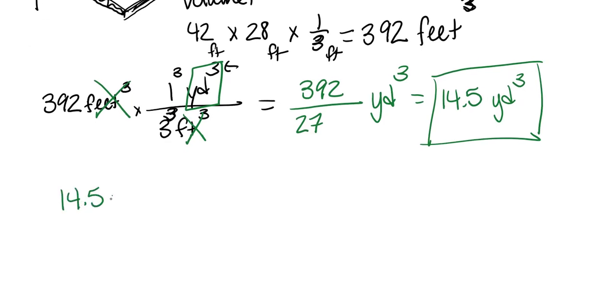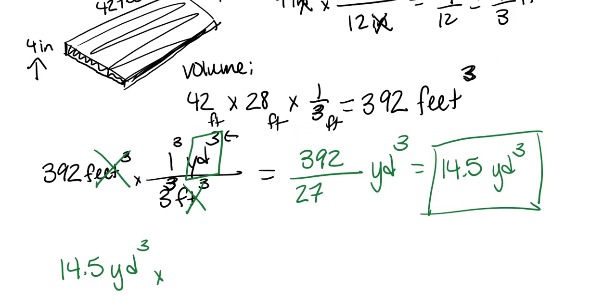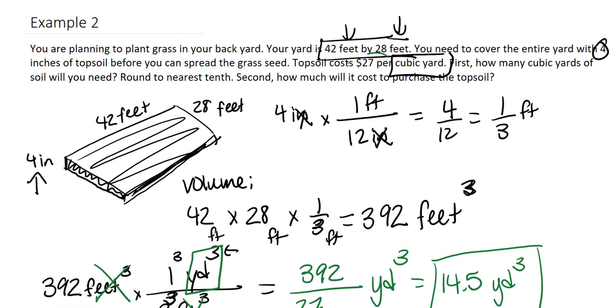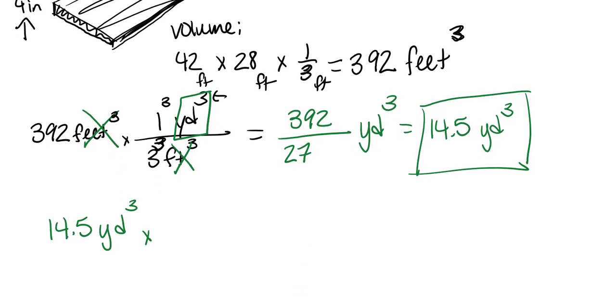Now we're going to find the cost of this. So 14.5 cubic yards. That's important. What's the other thing that's really important in this information here? We look back, we get $27 per cubic yard. Well, if we do 27 over 1 cubic yard, right? If we do this, what happens?